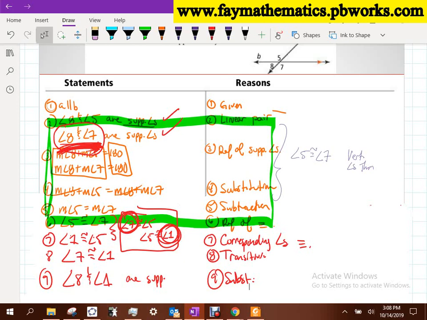That allows me then at step 4 maybe to say that, because of my picture, I know angle 8 and angle 7 are supplementary angles, okay?